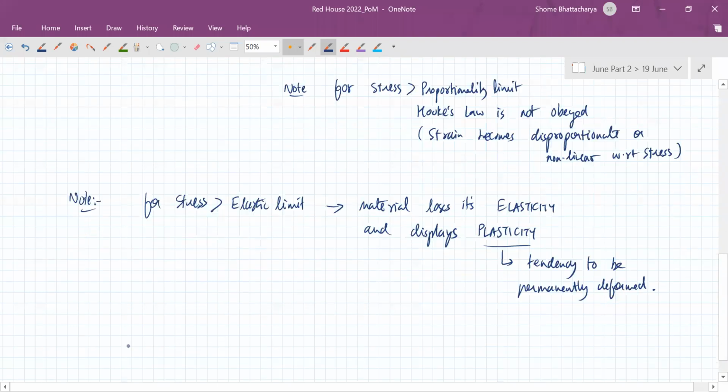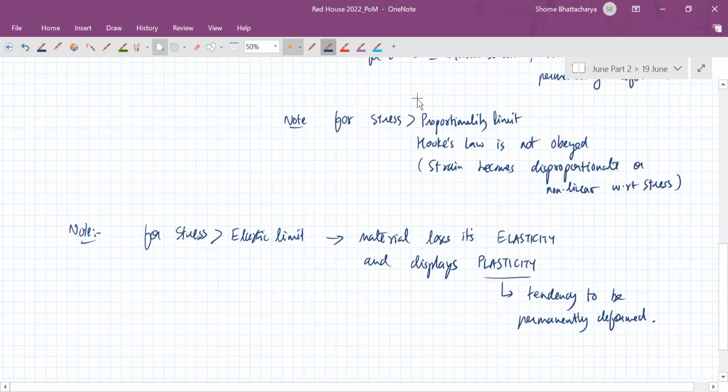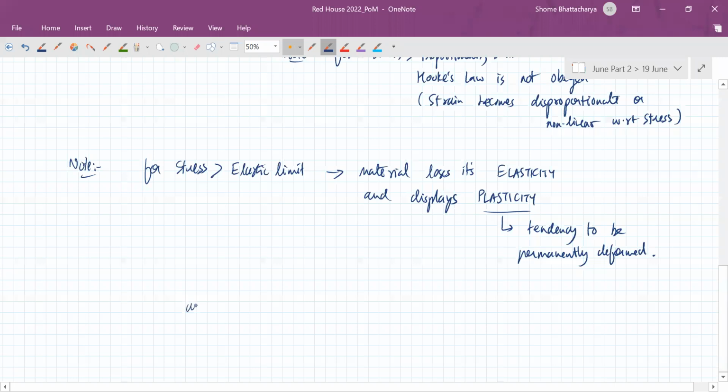And also on the graph, that yield point, so just a minute, I'll reshare the graph. Yeah, so Y is called the yield point.